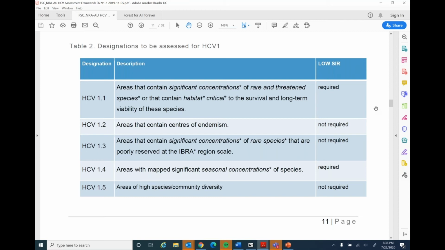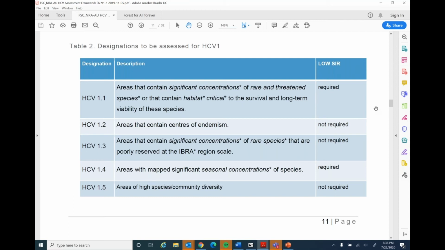So under high conservation value 1, we've got 5 specific designations or values that are assessed underneath that high conservation value. And the third part of the table is essentially a view as to whether the low scale intensity risk group need to assess for that particular value.